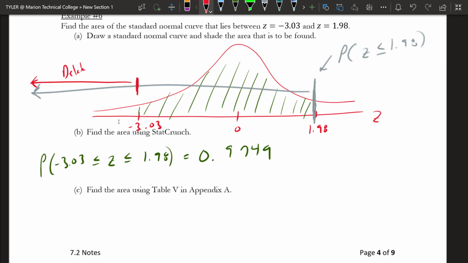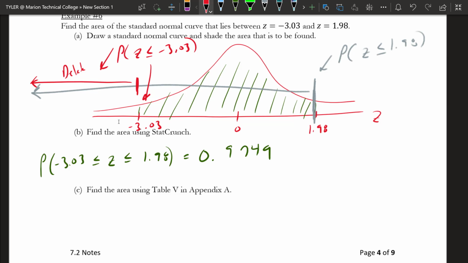I need to subtract that out. That part is the probability that z is less than or equal to negative 3.03, this smaller value. I can look up both of those values in the table, because they're both areas to the left. If I subtract those two, I get the area I want.